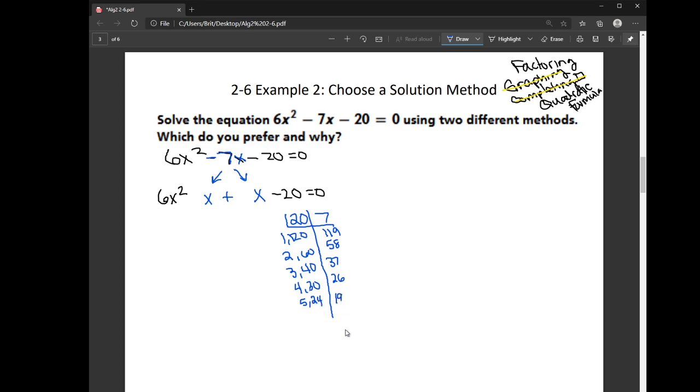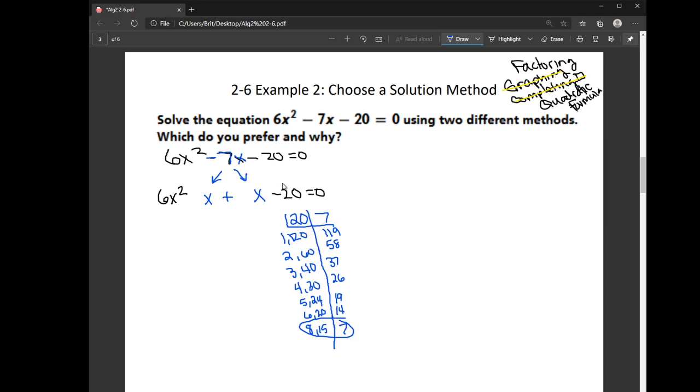That subtracts to make 19. I have 6 and 20. We're getting closer. It's not divisible by 7. It is divisible by 8. It's 8 and 15. And 15 minus 8 is 7. Oh, thank goodness. There it is.